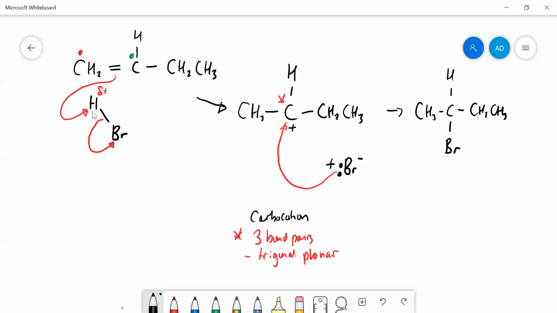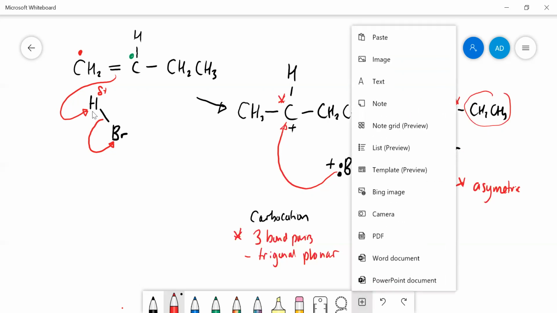2-bromobutane, okay? And we can see that this carbon here is asymmetric. You've got four different groups attached to it. You've got the ethyl, the bromo, the methyl, the hydrogen, okay? So it's asymmetric, and it probably comes as no surprise which isomer is going to be formed.